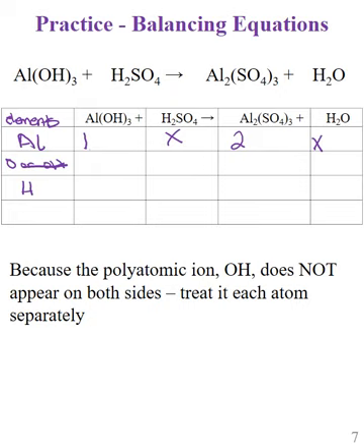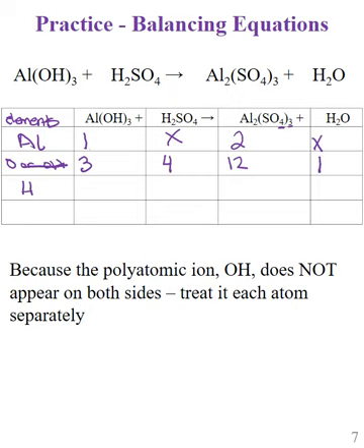So let's go through and look at our oxygens and hydrogens. For the first one, how many oxygens are there? 3. Second one? 4. Third molecule? 12, because 4 times 3 is 12. And water? 1.